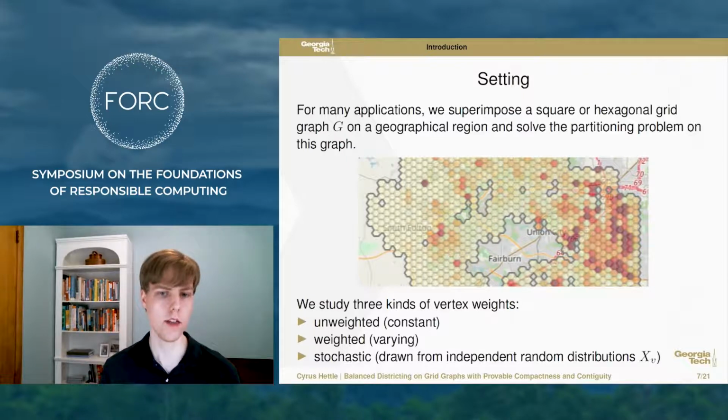We're also going to look at three kinds of vertex weights. Unweighted vertices that just have constant weight, weighted vertices where the weight varies from vertex to vertex, and finally stochastic weights, where each vertex has its own independent random distribution X_v, and after we fix a partition, each vertex's weight is drawn at random from its distribution.